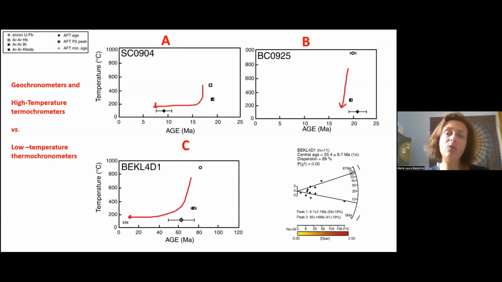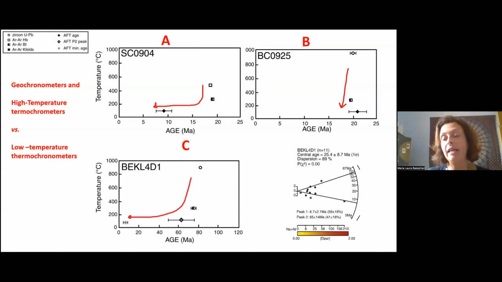In this case, we can deconvolve the ages, and we obtain two ages: an old age of 65 million years that is likely due to magmatic cooling, the cooling after the emplacement, and a very young age that is almost 7, that is a minimum age.